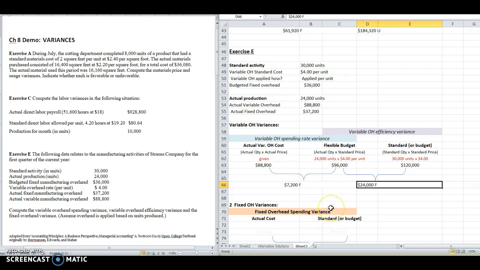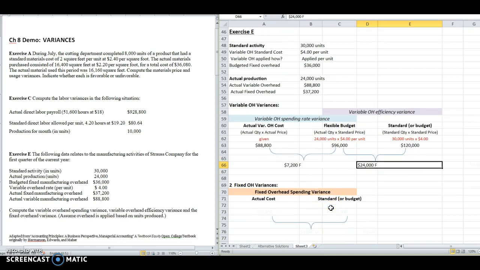The last thing I need to do is my fixed overhead variance. In my fixed overhead variance, I only need one thing because I don't have a difference in my flexible budget, because it doesn't vary here. So we are only going to look at the actual cost compared to the standard. The good news for us is this is given in the problem.